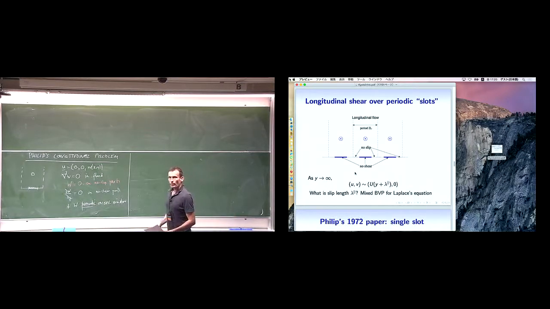Now, remember, we've got a shear flow over this. Okay, so as y tends to infinity, which just go up, we want W tends to y plus the slip length. So I've set the shear rate to be 1.